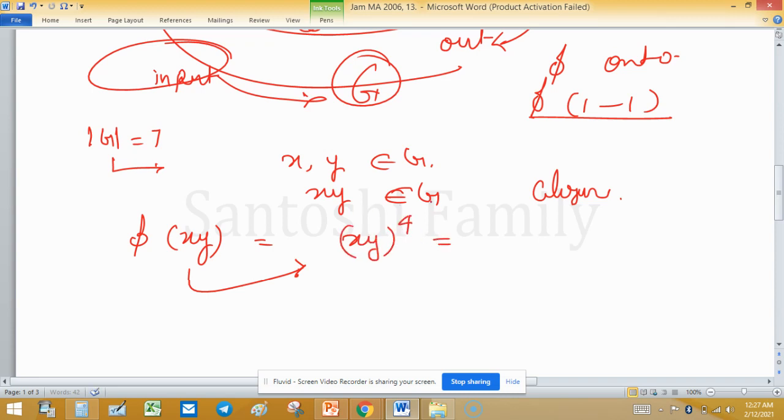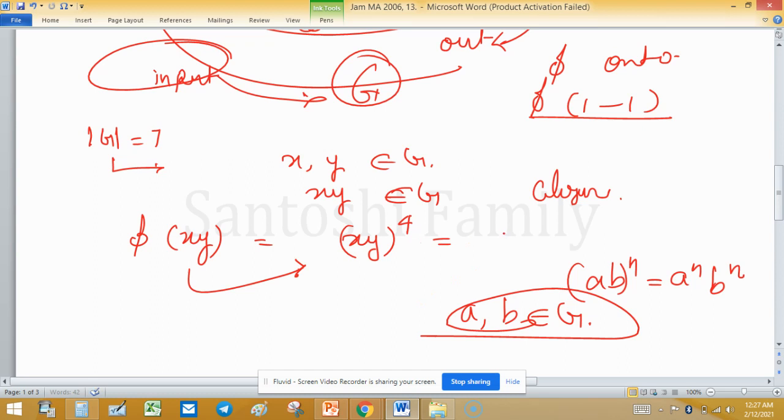Because G is abelian, (ab) raised to the power n can be written as a raised to the power n times b raised to the power n, when a, b are elements of G. So it can be written as x raised to the power 4 times y raised to the power 4, and x raised to the power 4 means phi of x, and this is phi of y.